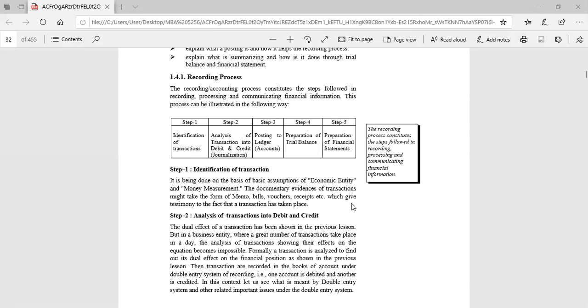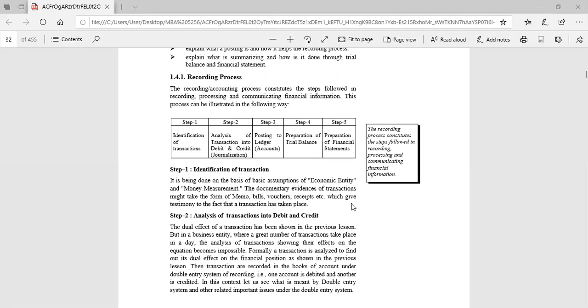So we can easily understand that a lot of transactions are incurred every moment in the world, but not all of them are our accounting transactions, and not all are recorded in the accounting books. That's why we need to identify the transactions which relate to a business and have a monetary measurement. Only those transactions are recorded in our accounting books.